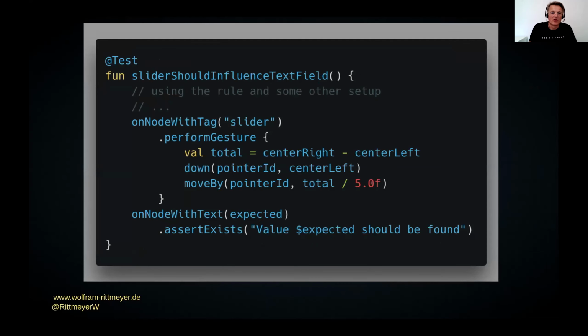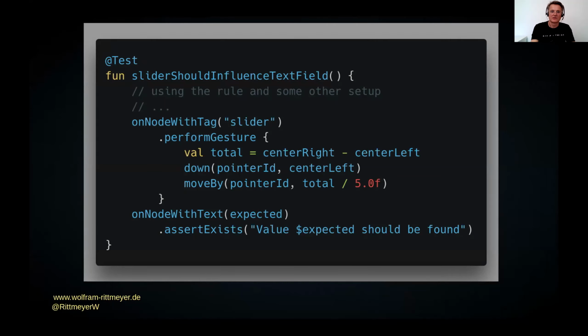This is a more complex test. The setup is omitted. Just think about something at the top. And then I grab a certain node with a tag slider. I come back to it directly. And then I perform a gesture, or this code performs a gesture on it. And first, the code calculates the complete space left or taken up by this component.